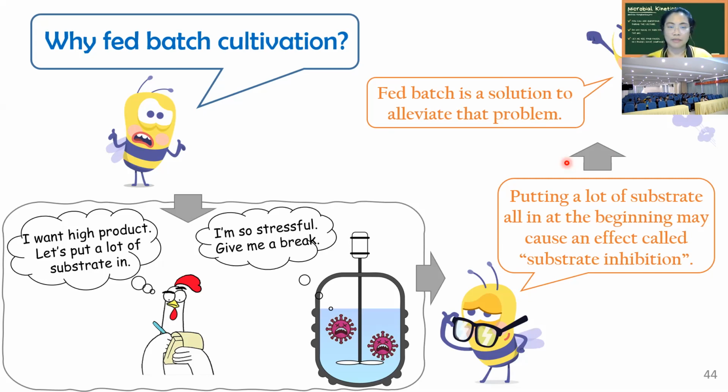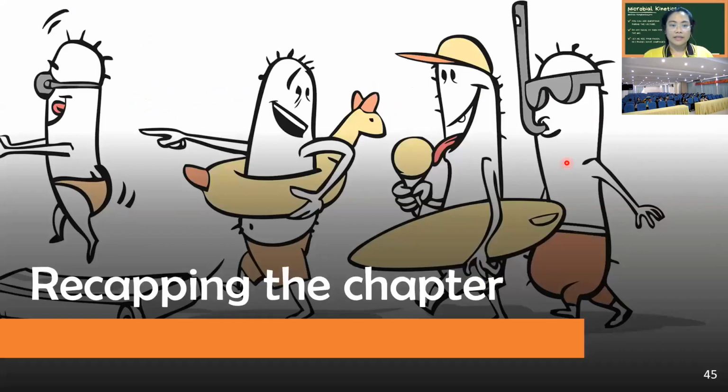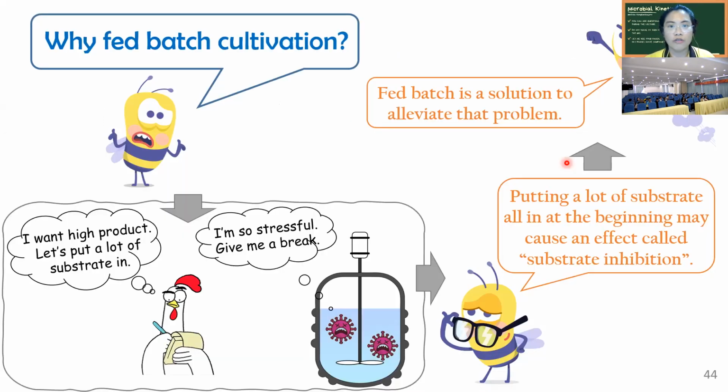So if you have some sort of inhibition that comes from high osmotic pressure, fed batch could be the answer to those problems. Okay, so that is all for the mode of fermentation. Okay, we will have a lot of time for any questions that you may ask today.